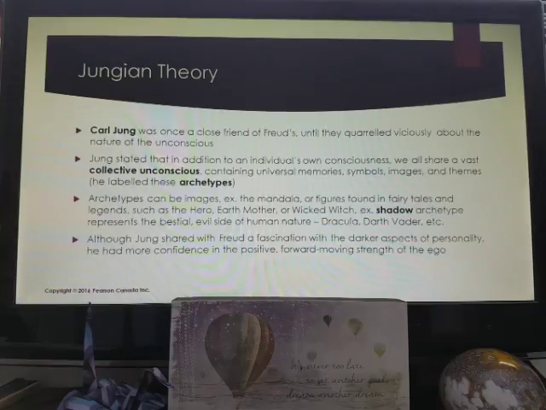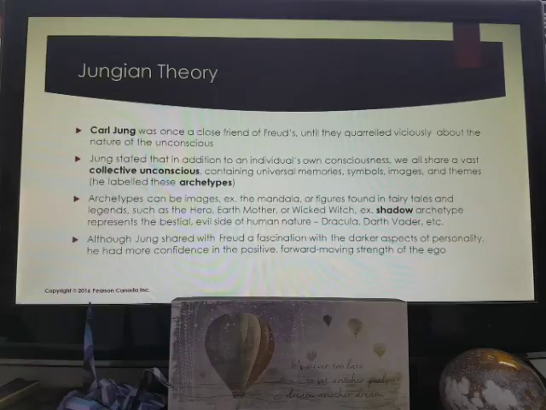For Jungian theory, Carl Jung was once a close friend of Freud's until they quarreled viciously about the nature of the unconscious. They were once very close friends and shared a lot of the same beliefs, but then they had a very big fight about the nature of the unconscious and went their separate ways. Jung stated that in addition to an individual's own consciousness and unconsciousness, we all share a vast collective unconscious.